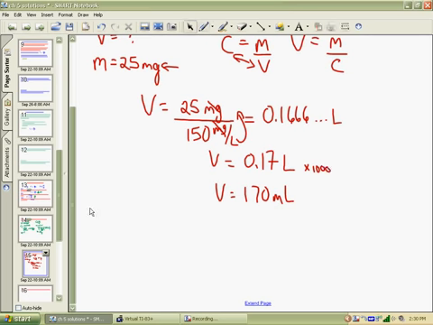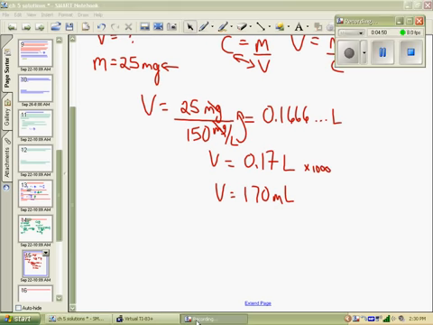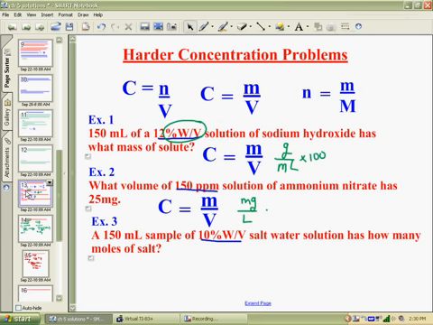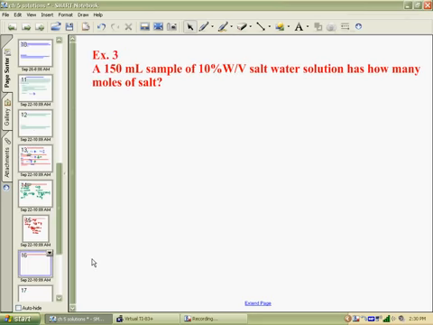I've got lots of time, so we'll take a look at our third example. The third example is a 150 mL sample of 10% weight to volume saltwater solution has how many moles? Again, 150 mL is my volume. My concentration is 10% weight to volume. And I want to know how many moles I have.